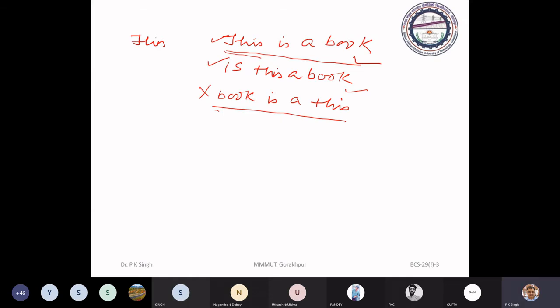Each language has its own syntax that will produce the syntactic structure to infer a certain meaning of that sequence of words. One thing more.